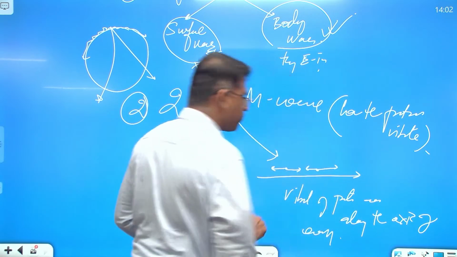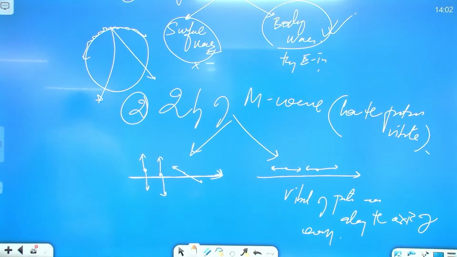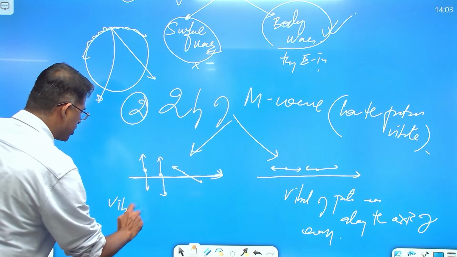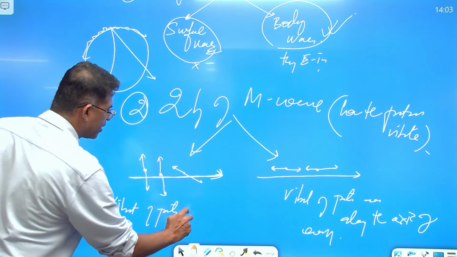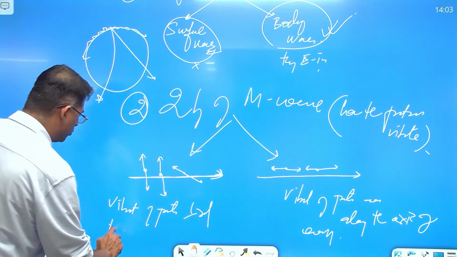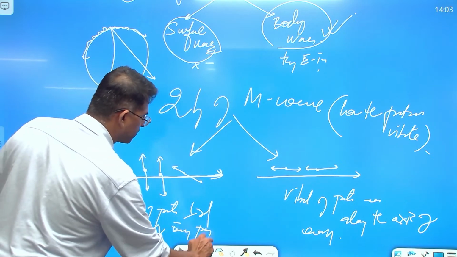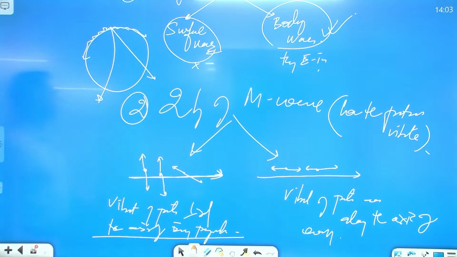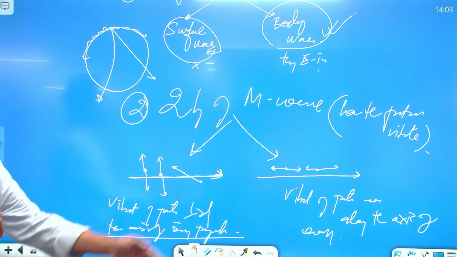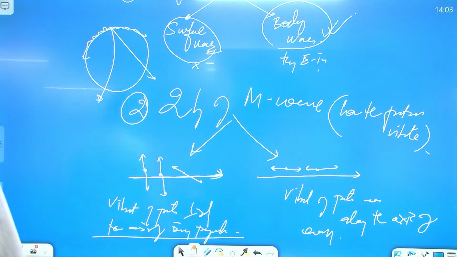Write down: one is the vibration of particles along the axis of the energy movement, and this is the vibration of the particles perpendicular to the axis of energy propagation.